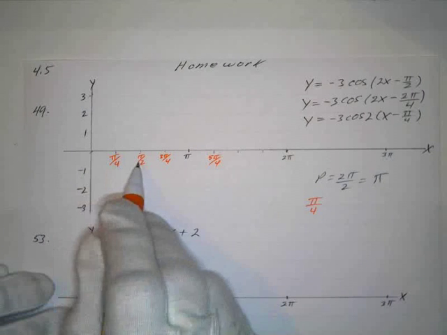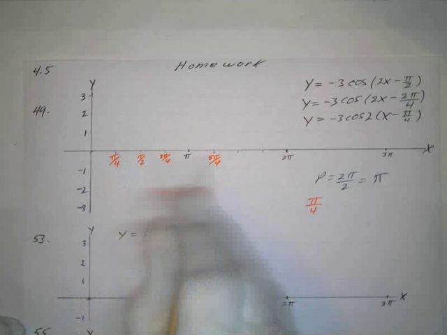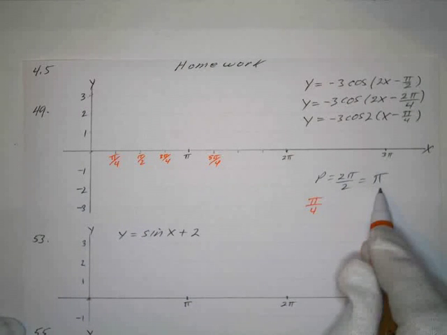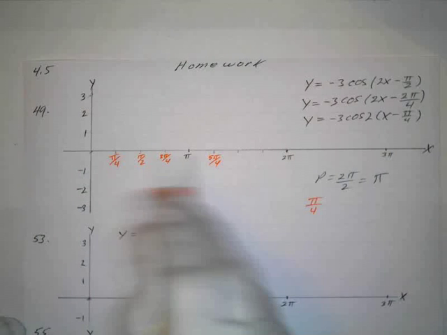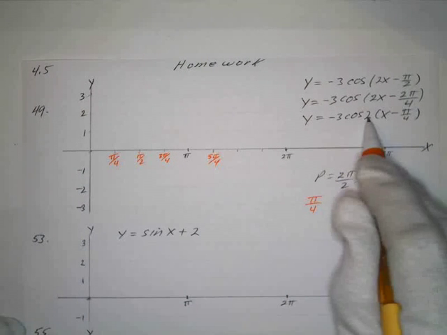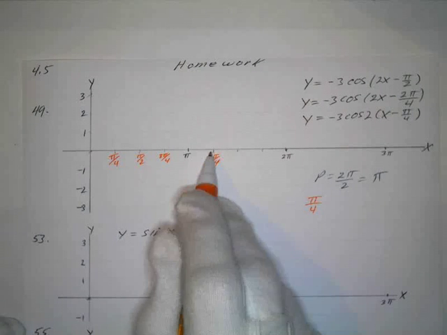So 0, pi over 4, 2 pi over 4, 3 pi over 4, 4 pi over 4, 5 pi over 4. And I'm going to start here and go to there because my period is pi and my shift is pi over 4. Shift is pi over 4 and period is pi. Okay, so that's where I'm going.